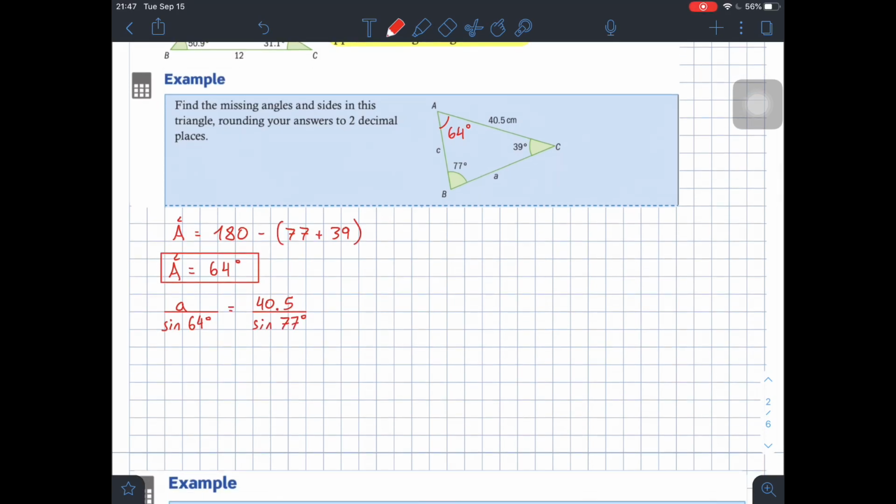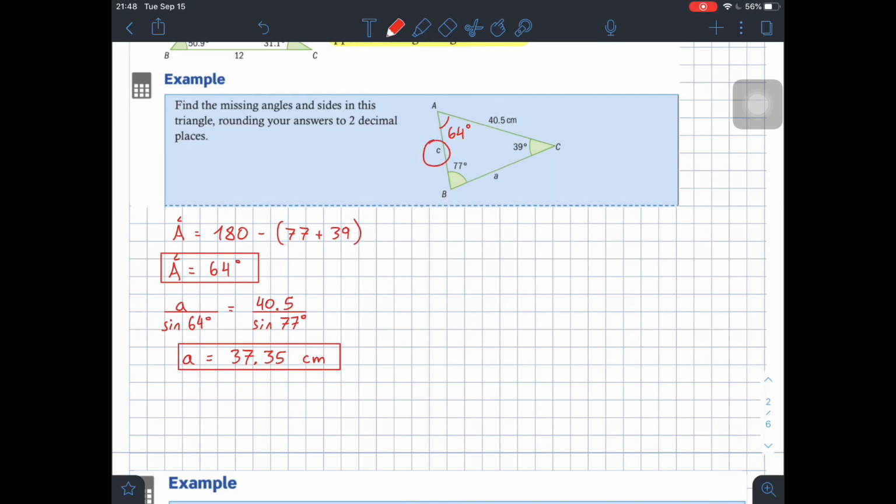So we solve for A, we leave the A alone, and we will get a value of 37.35 if we round this to 2 decimal places. 37.35 centimeters. So this is the value of side A.